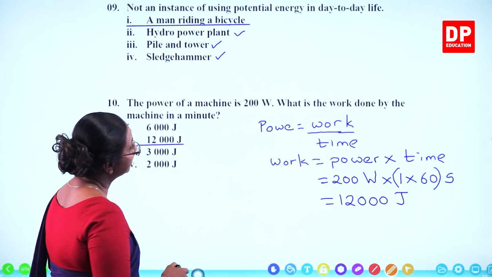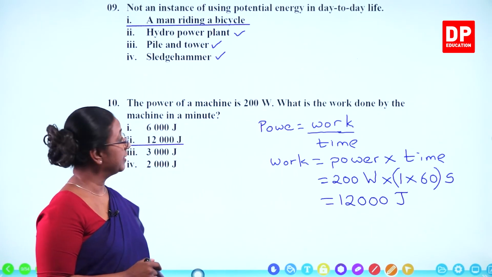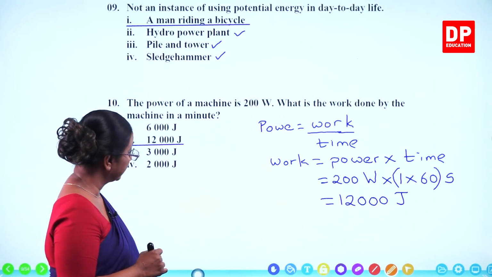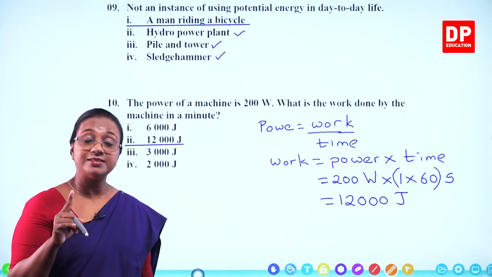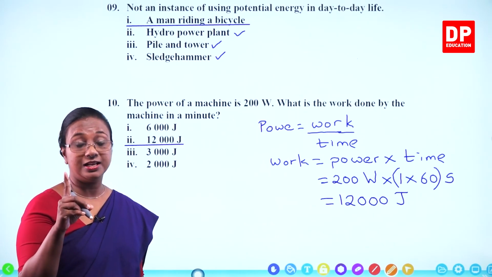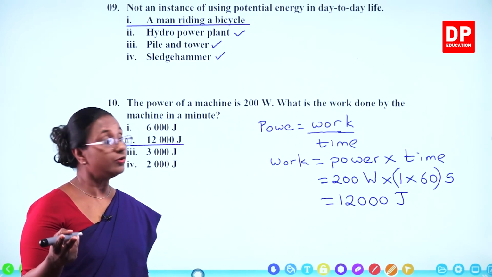So this is the calculation, students. They have given us the power of the machine and we need to calculate the work done in a minute. You all know that when it is power of a machine, it is the work done in 1 second. So although the time is given in minutes, we need to convert it to seconds.